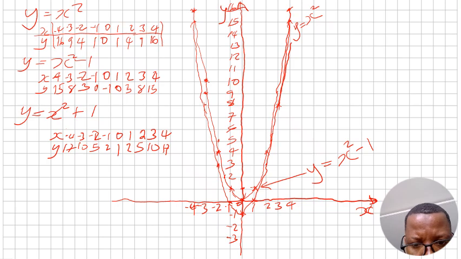When x is 1, y is equal to 2, and 2 is there. And when x is equal to 2, y is equal to 5. This is 2, let's see why 5 is here.